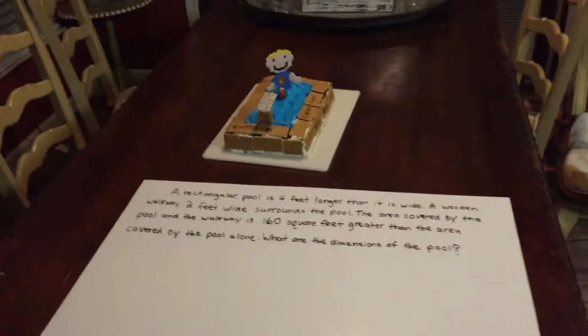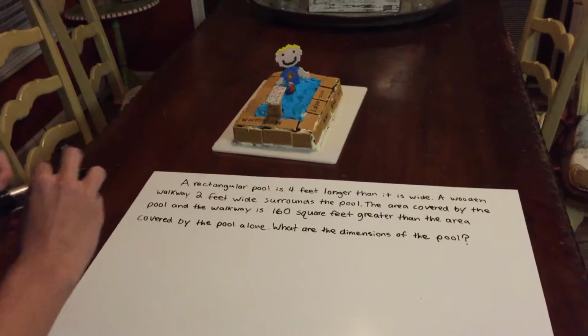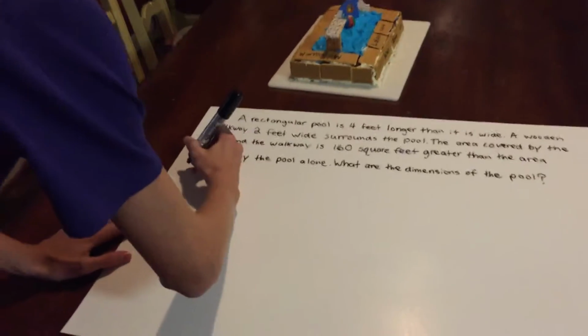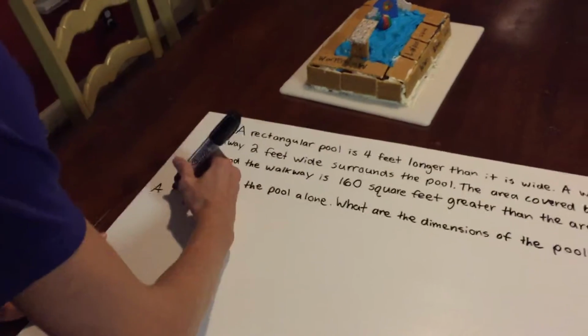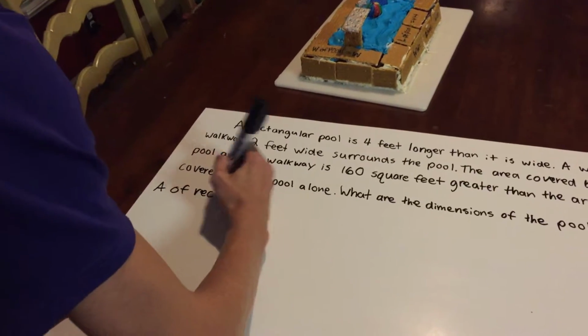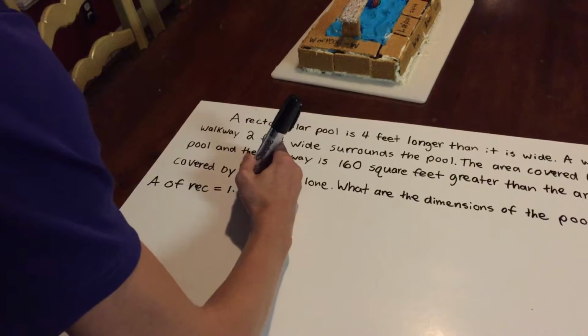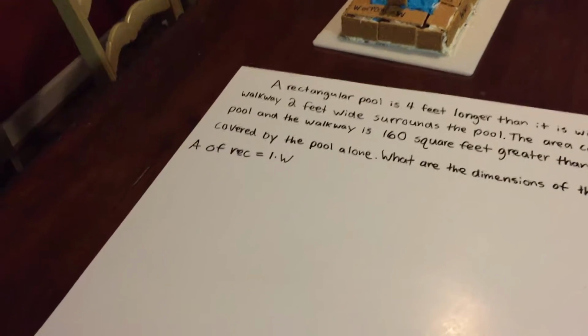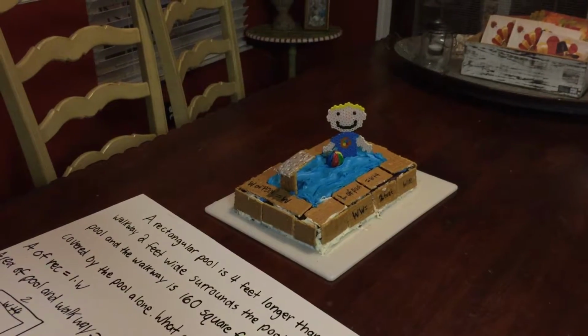So first, the equation for finding the area of a rectangle is length times width. Alright, so we have a representation here.